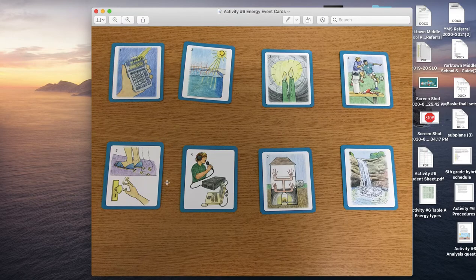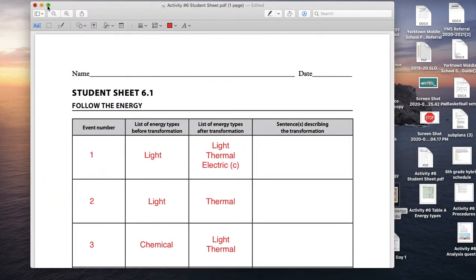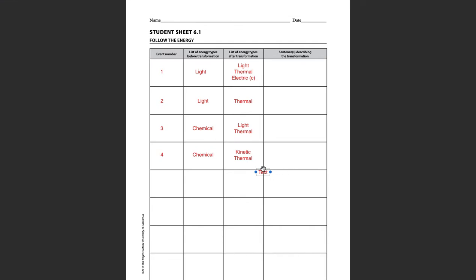Card 5, that's the static electricity here. Alright, so prior to the transformation, think about what they're doing to create this friction here. So that's card number 5.